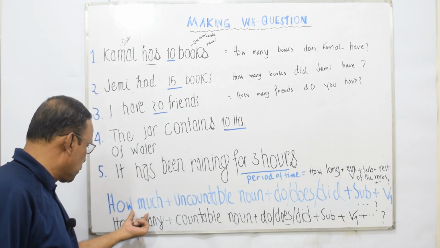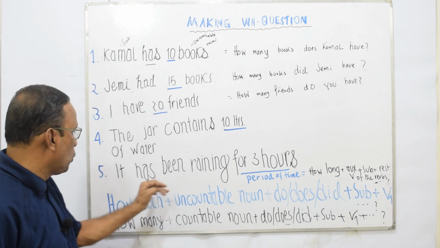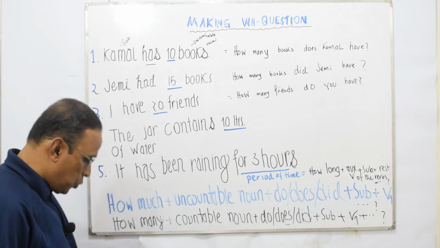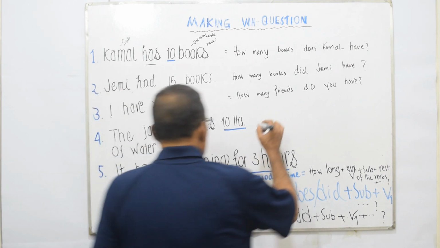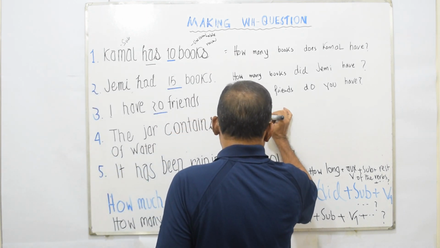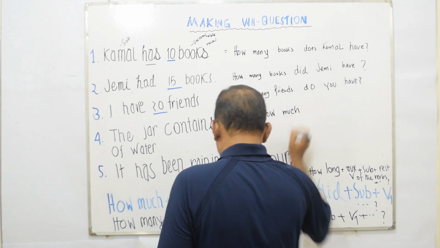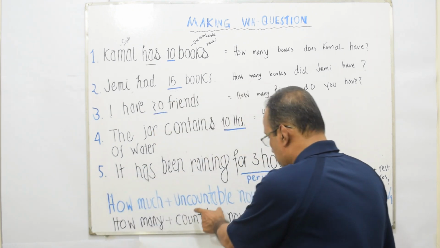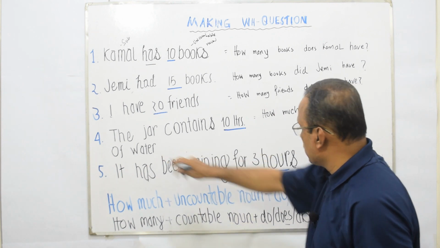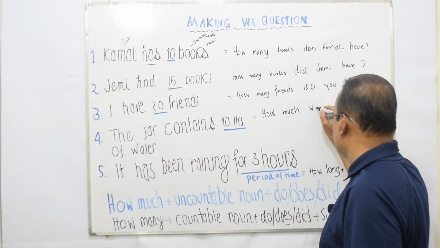We have to follow this one: how much, because water is not countable. So we can try like this. How much? Then the uncountable noun, which means water. How much water?